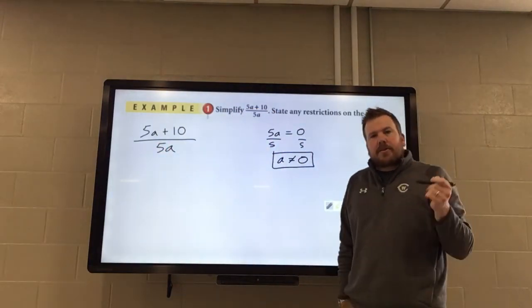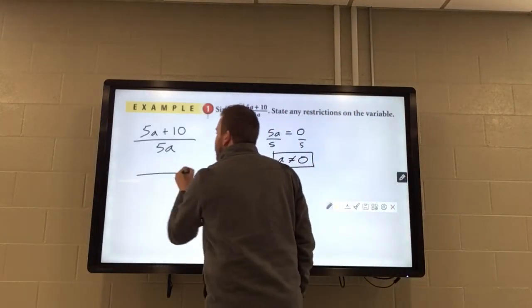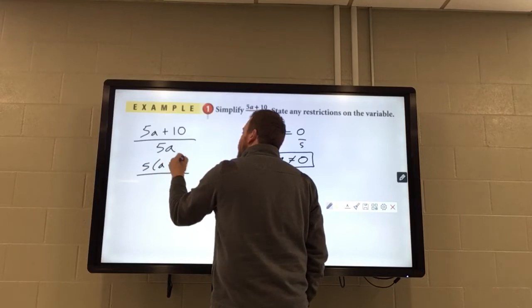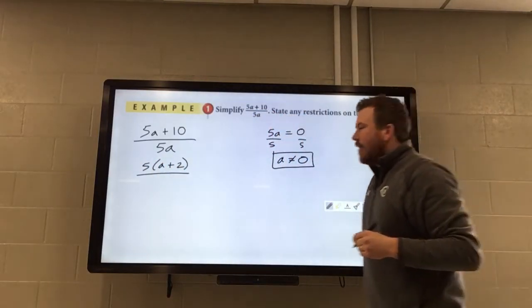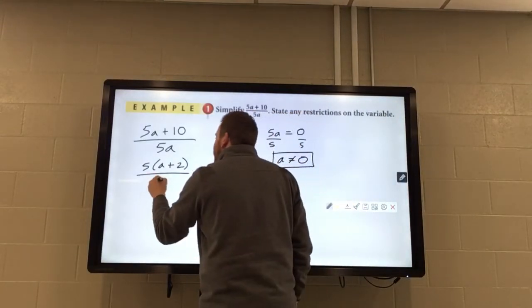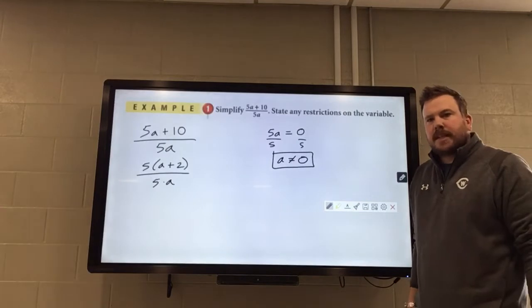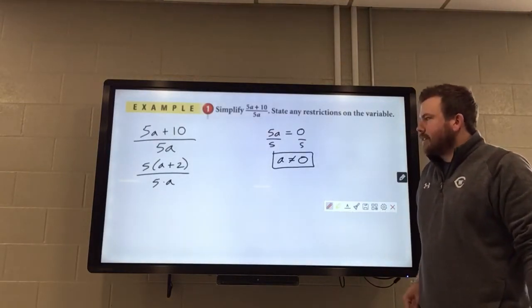So let's go through our 3 steps. First, factor. Looking at the numerator, I can factor out a greatest common factor, a 5. On the bottom, I could rewrite this as 5 times a if I'd like to. It's not necessary, but it might help. And now we can start canceling things out.